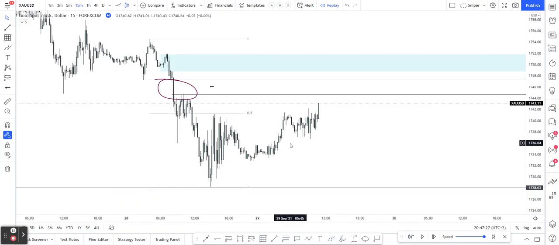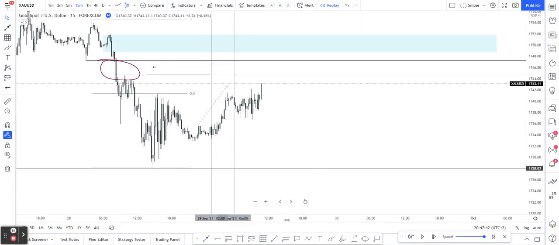You can also look at our Asian session, which is there. Asian session is turning towards the upside. So when Asian session is trending, we look for a 50% retracement into 50% of the Asian session pullback for continuation towards the upside.